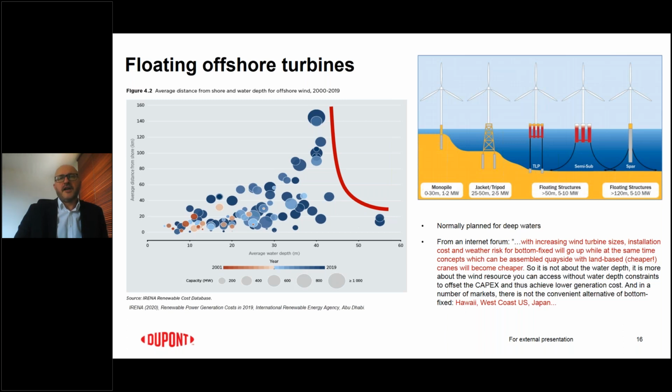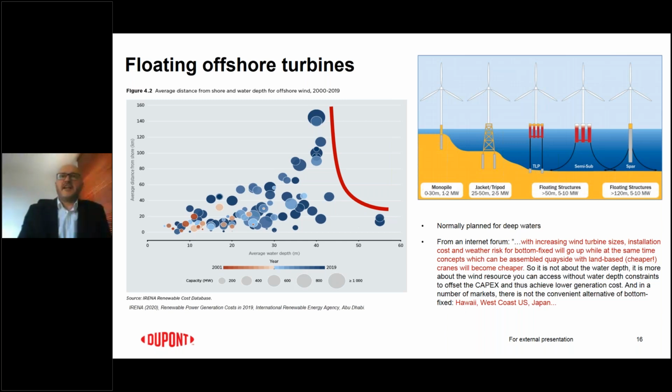And that's why there is bigger and bigger interest in offshore installations with floating structures, where the depth of the sea or the distance from the shore may be less critical. So there are new developments for turbines to be installed on floating structures, or maybe I should say not really the turbines, because the turbines could be the same. It's just the supporting structures which are under development.